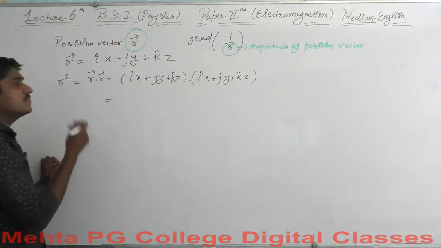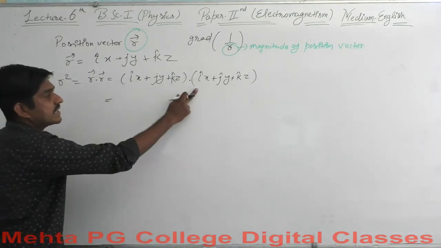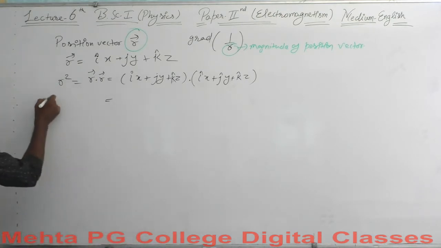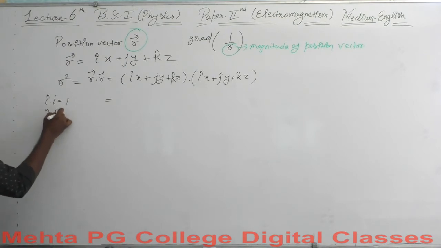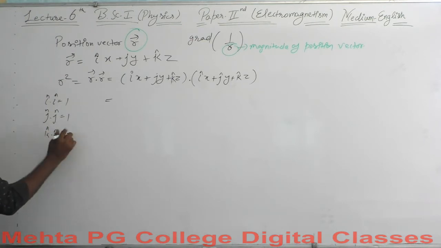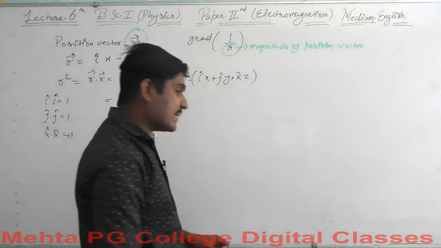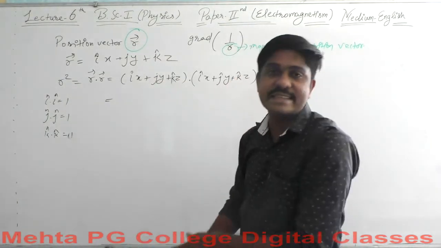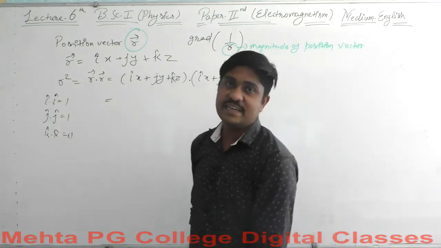It will be i cap dot i cap, because the other products will be 0. Every time, i cap dot i cap is equal to 1, j cap dot j cap is equal to 1, k cap dot k cap is equal to 1, and i cap dot j cap equals 0, i cap dot k cap equals 0, and similarly for all other unit vectors.